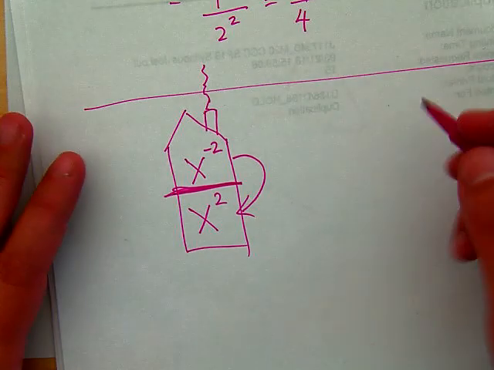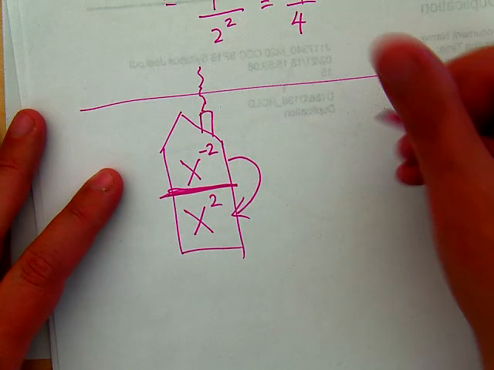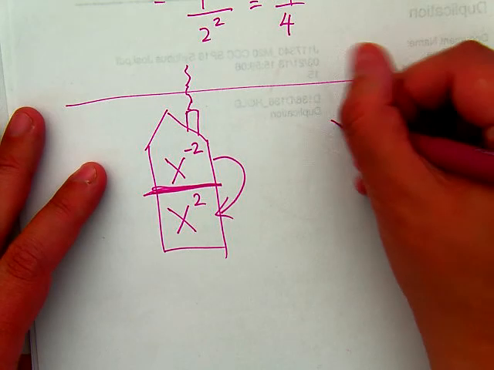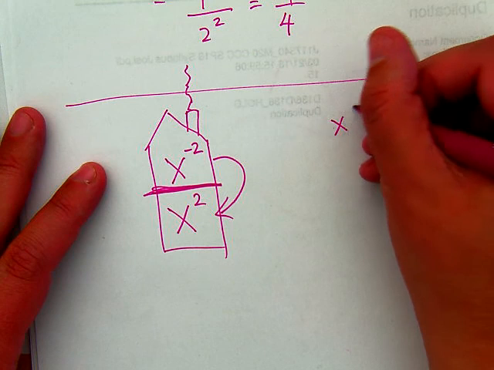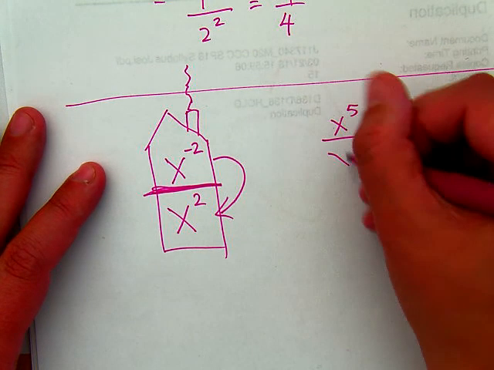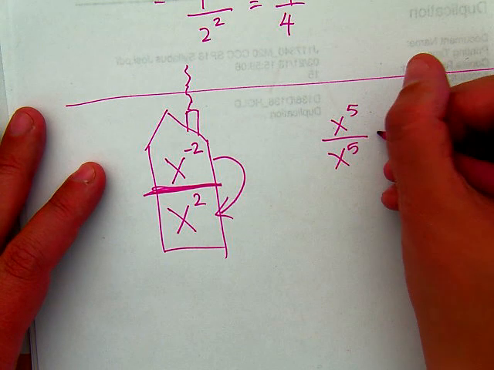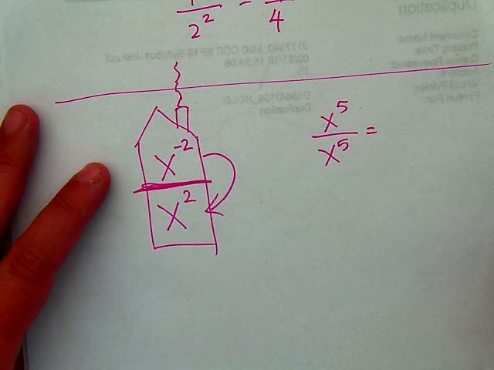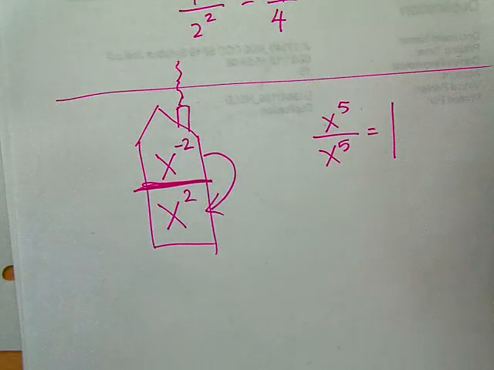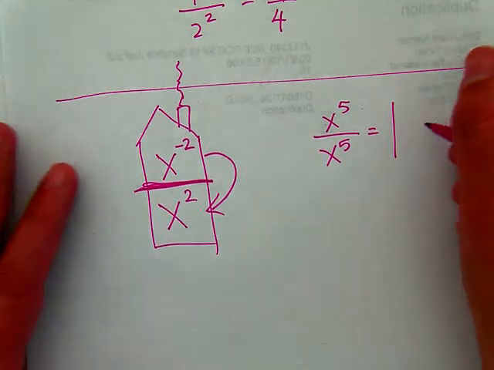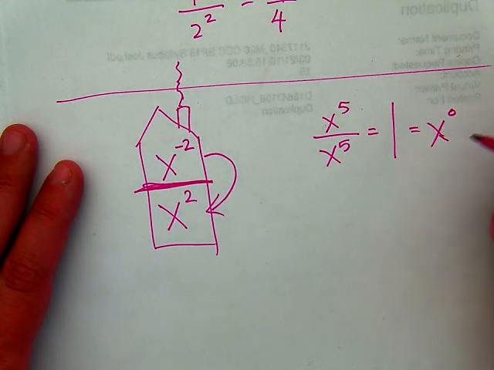So let's try a few where we expand. If I have x to the 5th over x to the 5th, that's going to be what? It's going to be 1. Anything divided by itself is 1, and it's actually the same thing as x to the 0 power, okay?